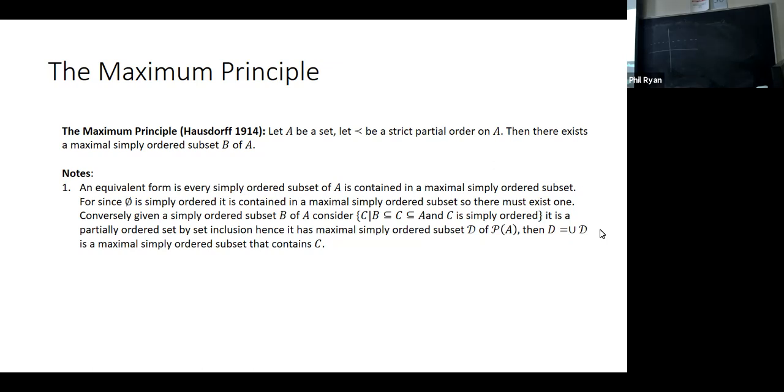Let's see. Let's go from here to here. The empty set is trivially simply ordered. And so by this principle here, it's contained in a maximal simply ordered subset. And so that's Hausdorff's original thing.